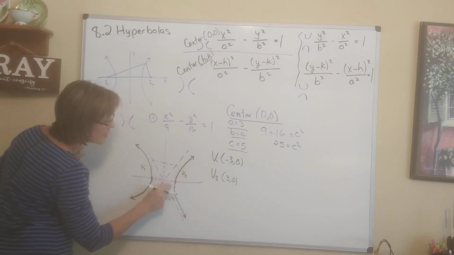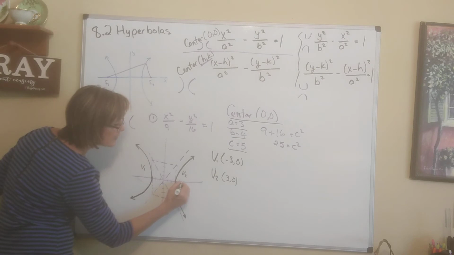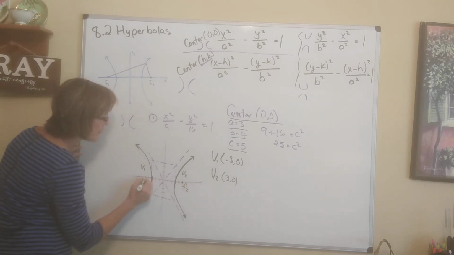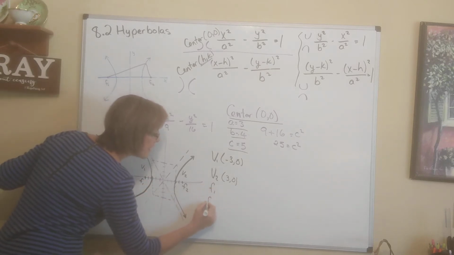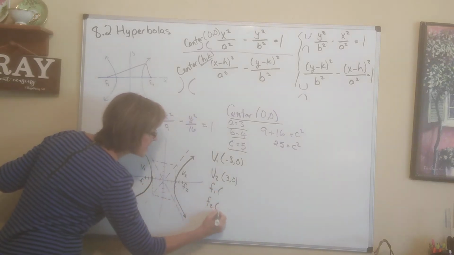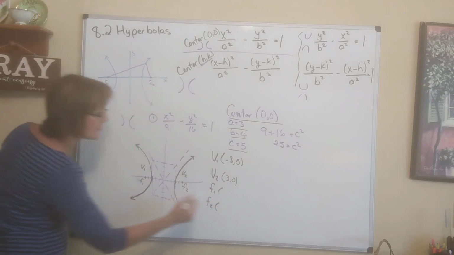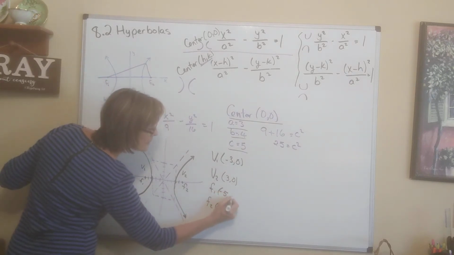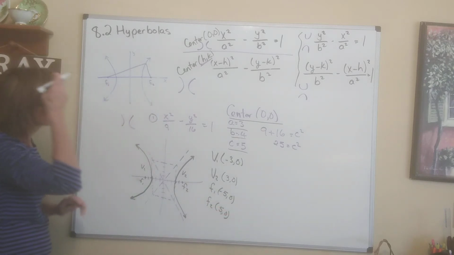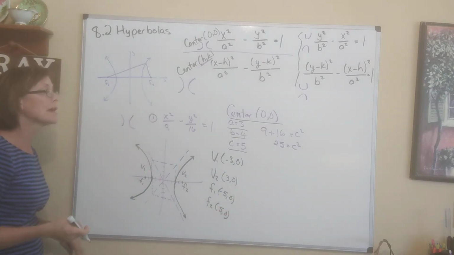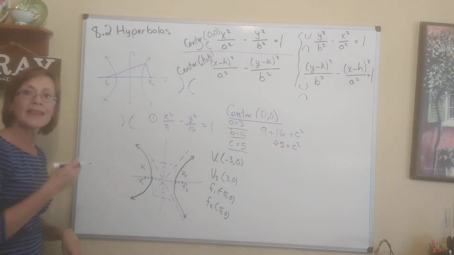So I'm going to go right 1, 2, 3, 4, 5 and put a point, and this is my F2. Left 1, 2, 3, 4, 5 and put a point, and this is my F1. F1 is going to be -5, 0, and F2 is going to be 5, 0. All right. There's one other thing I wanted us to label, and that is the slopes of the asymptotes.